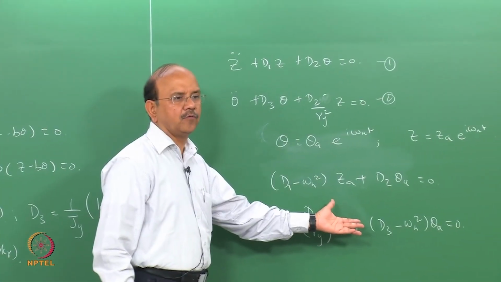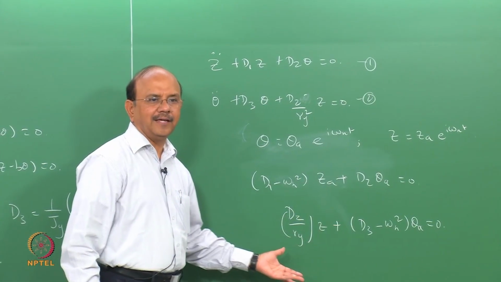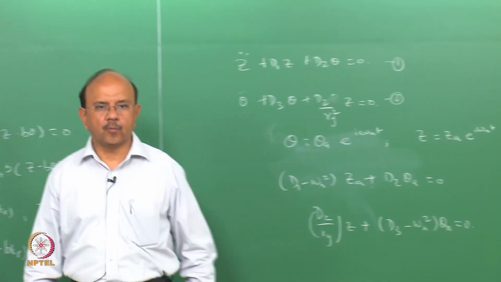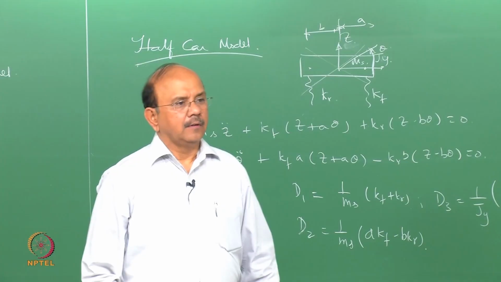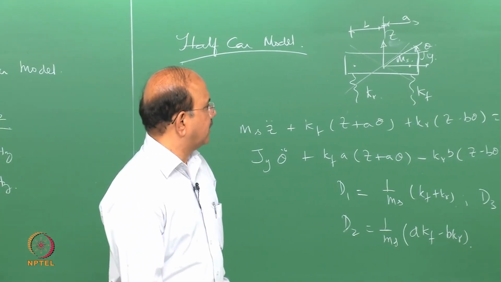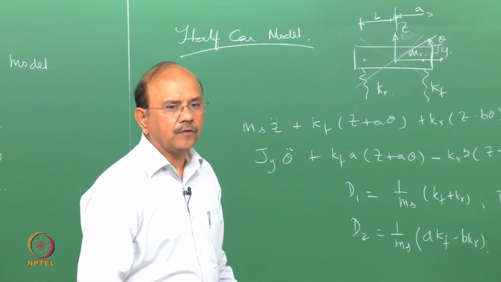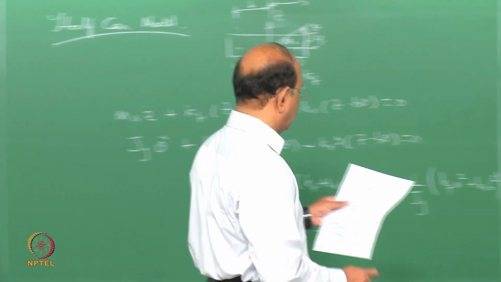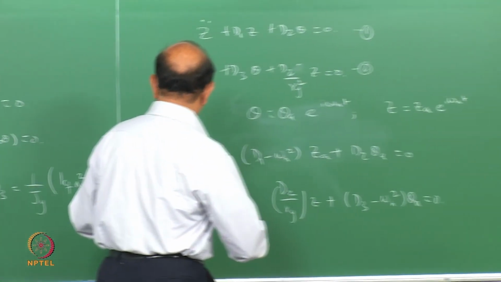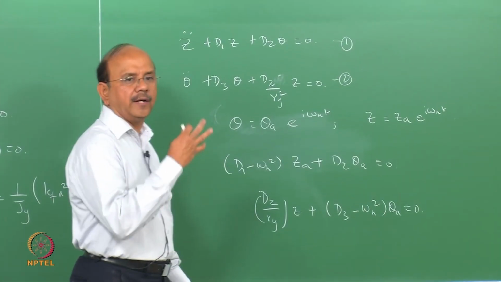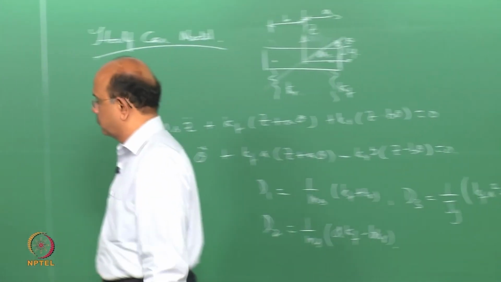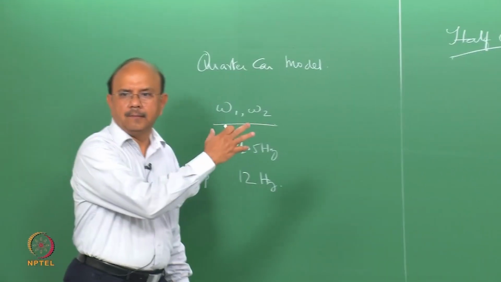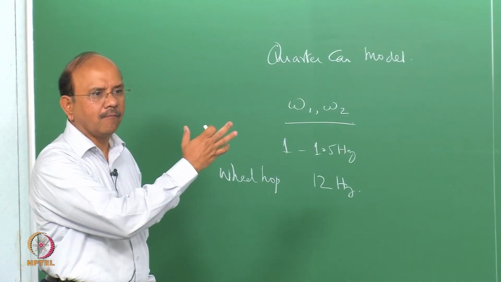Write it down in terms of omega n power 4, and then take the two roots for omega 1 squared and omega 2 squared. That's straightforward, and I'm going to write down the final result for these two, omega n1 squared and omega n2 squared, the two natural frequencies. Any questions?